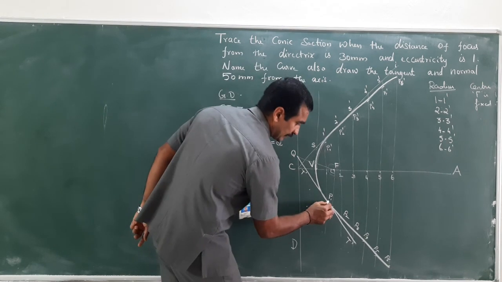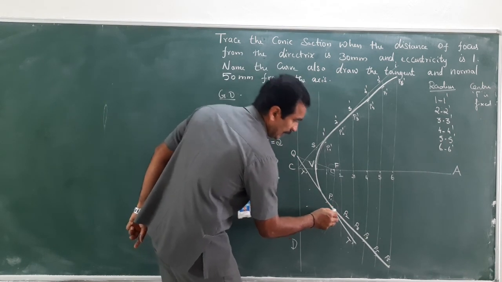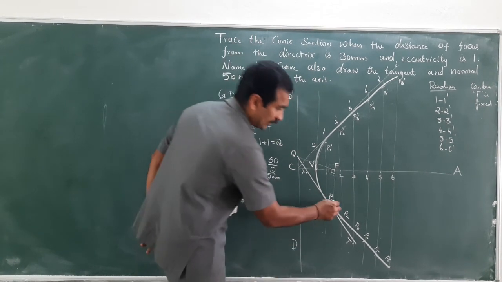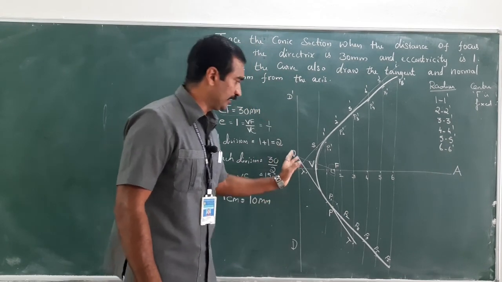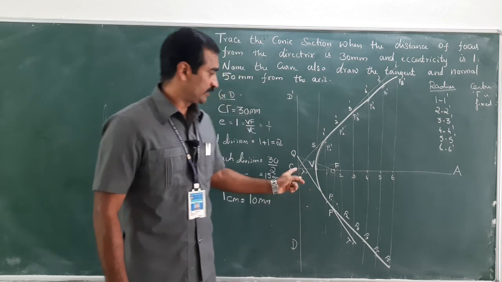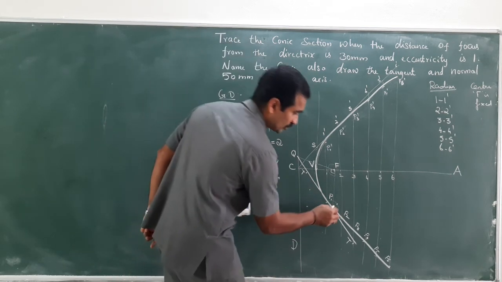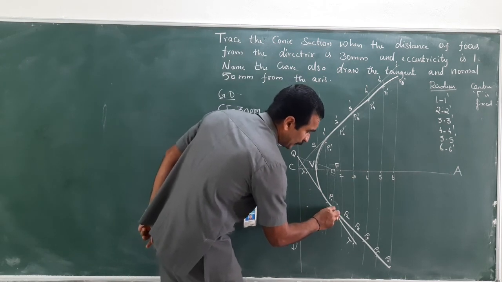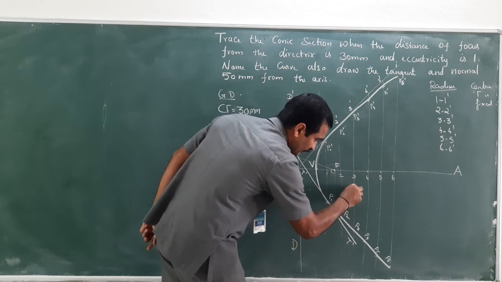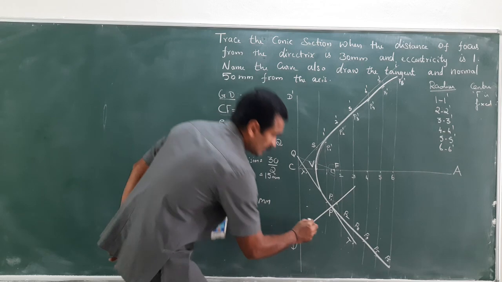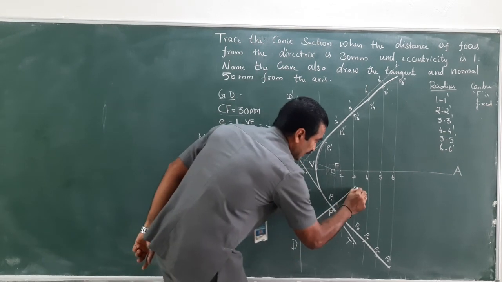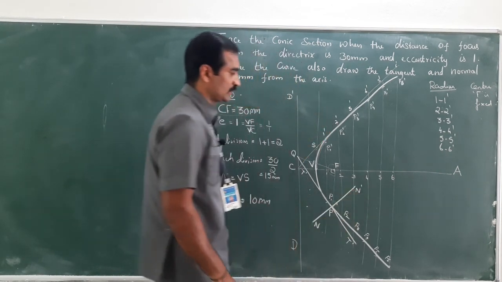Now take a protractor and keep it at P and measure 90 degrees. The normal should be perpendicular to the tangent T dash. Choose 90 degrees and draw a perpendicular line at point P. This is nothing but N dash.